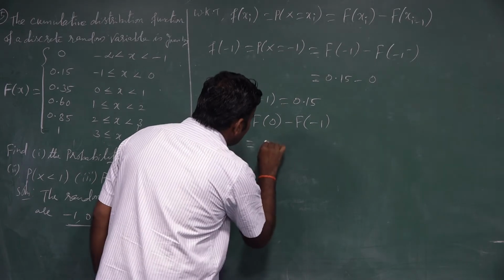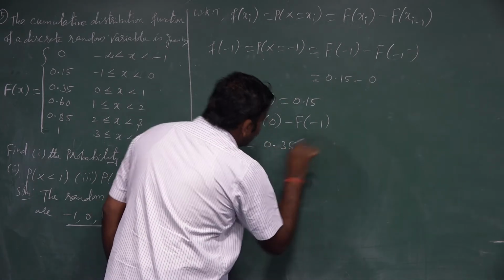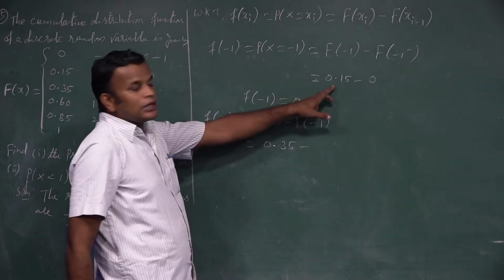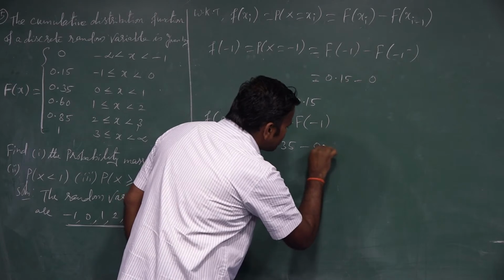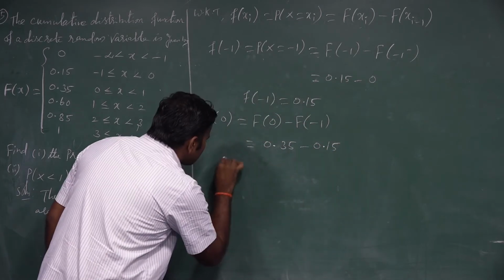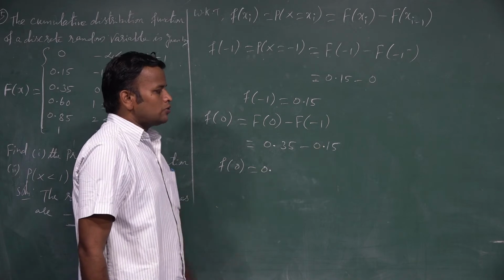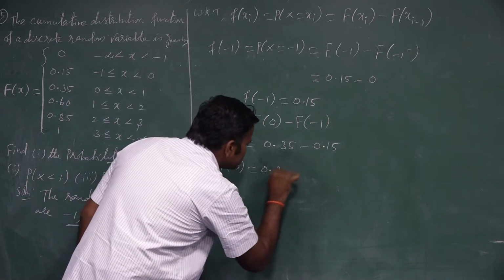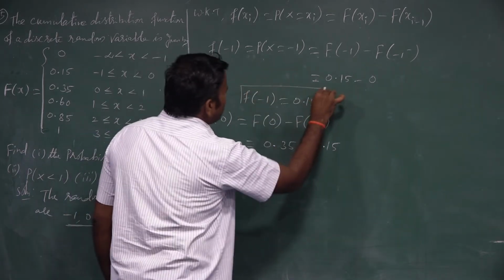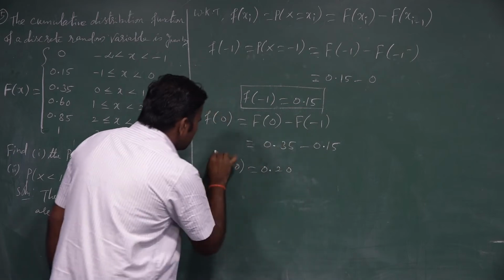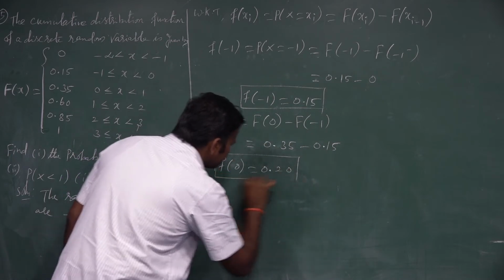So 0.35 minus F of minus 1, which is already given as 0.15. So f of 0 value is 0.35 minus 0.15 is 0.20. So f of minus 1 value is fine. Now f of 0 is also fine.